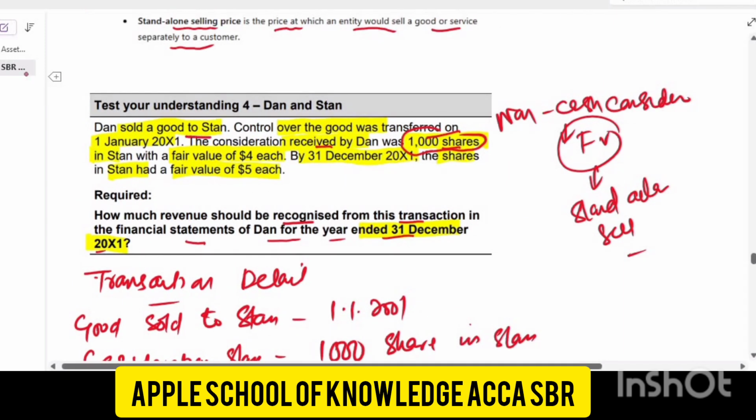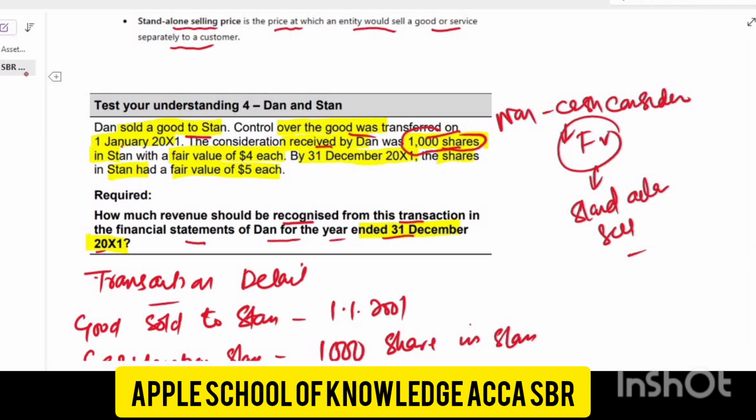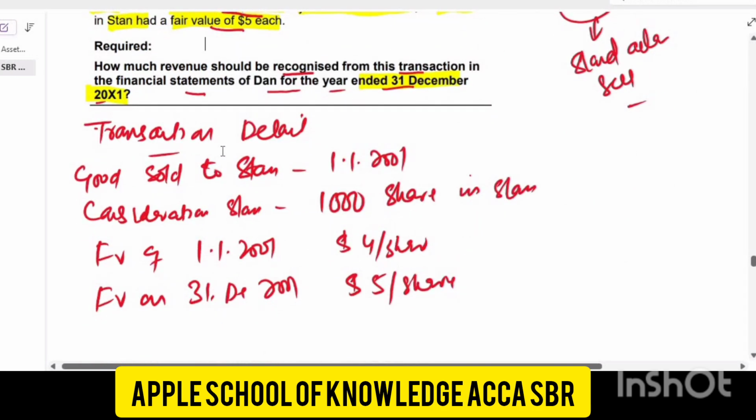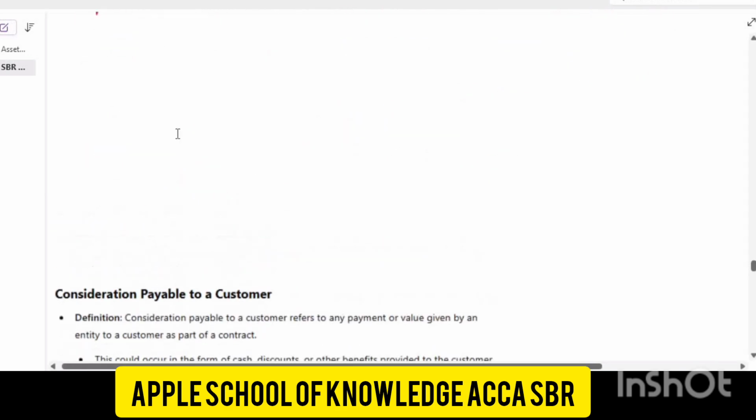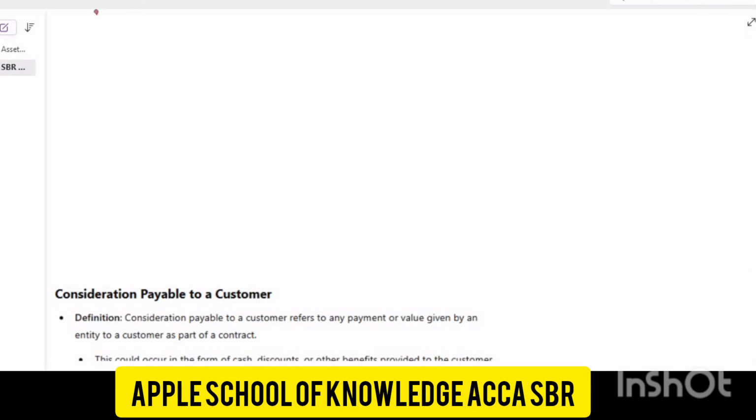You see here, goods transferred on 1st January. Consideration received 1,000 shares. Fair value this one and this one. Clear? Now how will you recognize it, because how much revenue should be recognized from this transaction? So this is very simple. The first thing is, the transaction involves a single performance obligation, that is sale of goods.